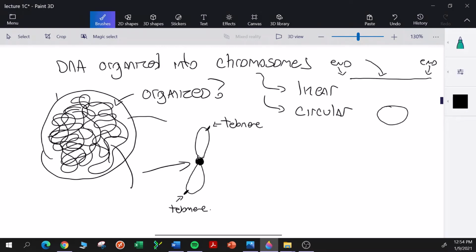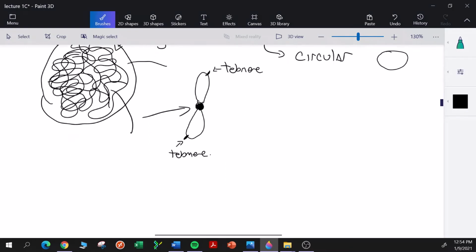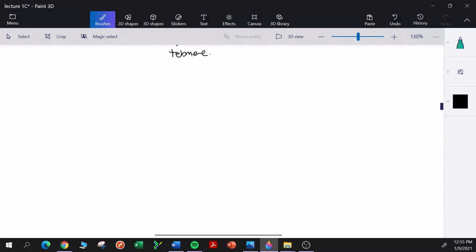Now, when scientists first started seeing chromosomes under a microscope, they could really only see them during mitosis, when they're condensed and when using a stain that binds to DNA. They would see chromosomes with different structures. And we have a couple different names for chromosomes based on their structures.